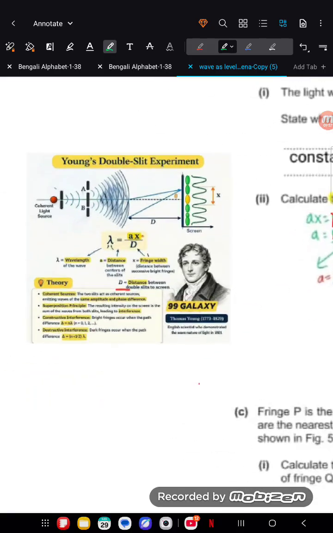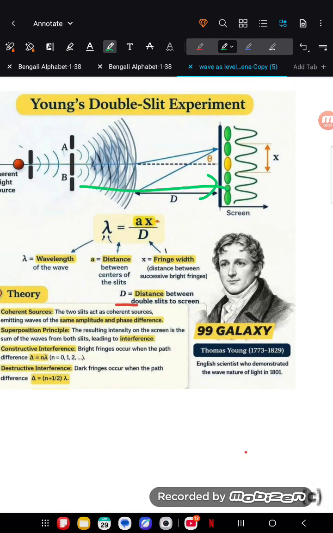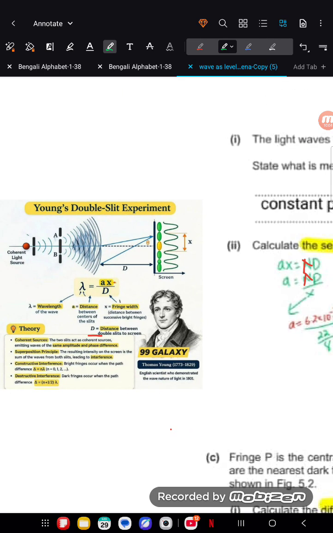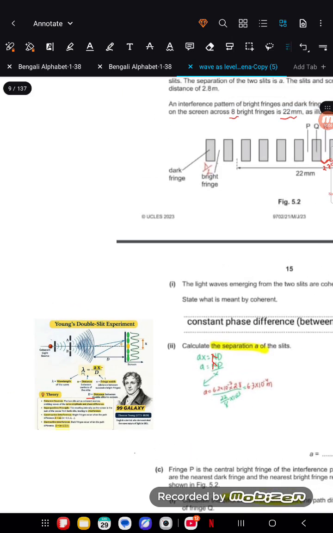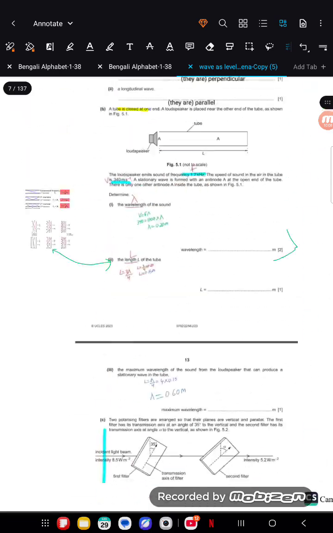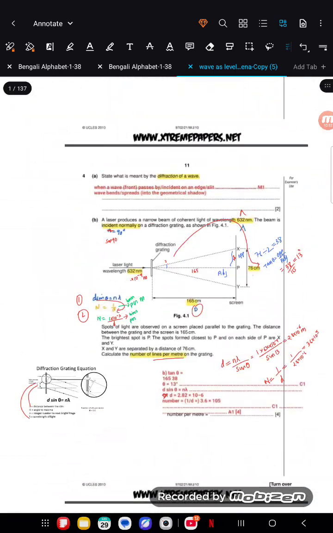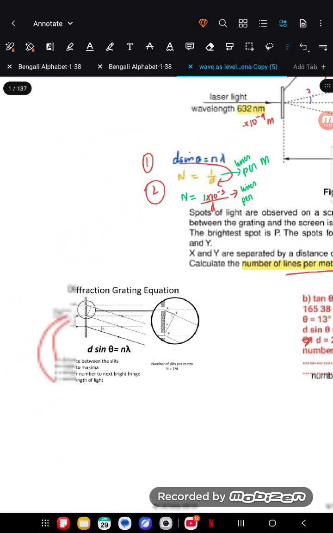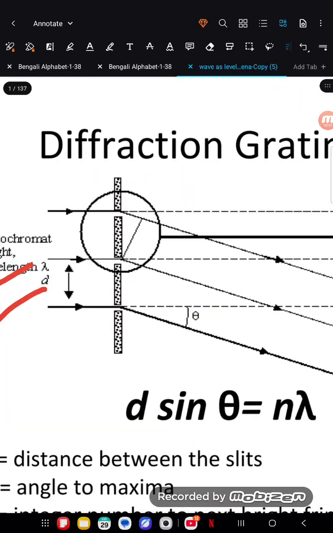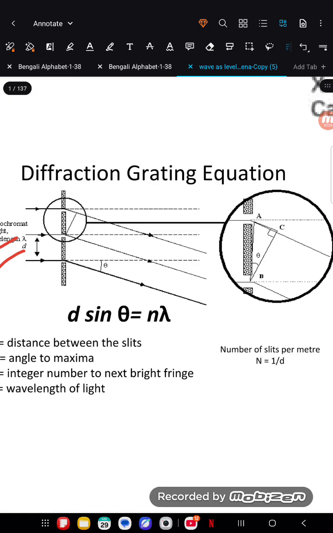Here this D is the distance between the slits and the screen. You might be thinking this d is the distance between the slits, but it is not this distance.